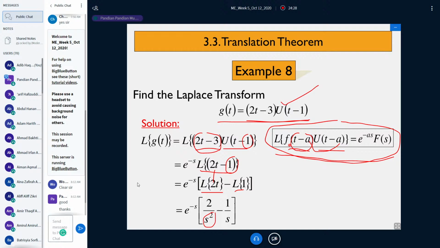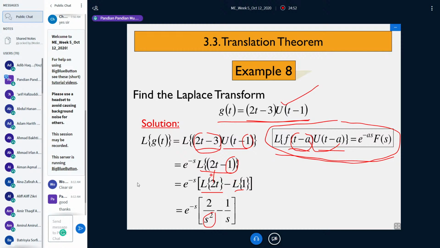So 2 multiplied by t minus 1 minus 1. And then t minus 1, you make it as t. So you have 2t minus 1. So the t minus 1 is t.